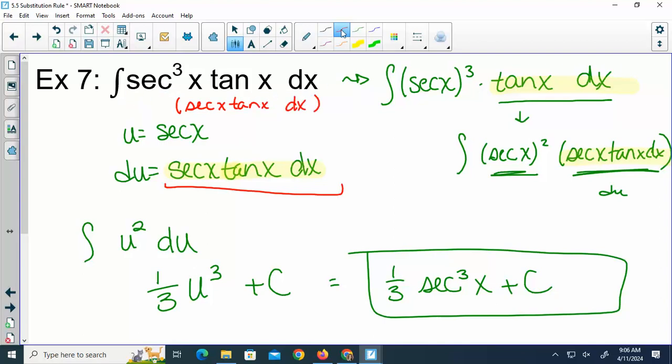So I wrote it as a secant squared times secant tangent. Well, the secant tangent became the du. Secant was my u, so that's where the u squared came in. Did that answer your question? Mm-hmm. Other questions?